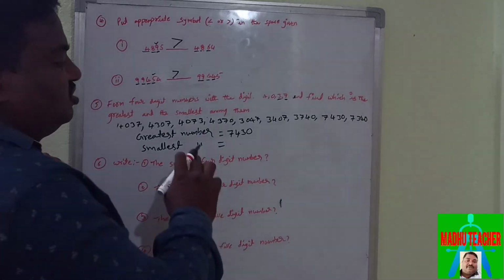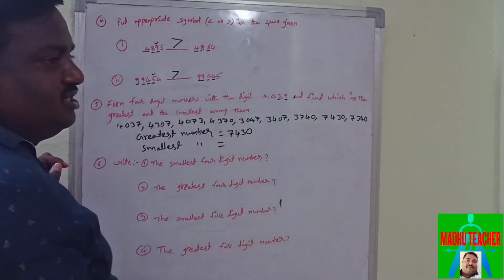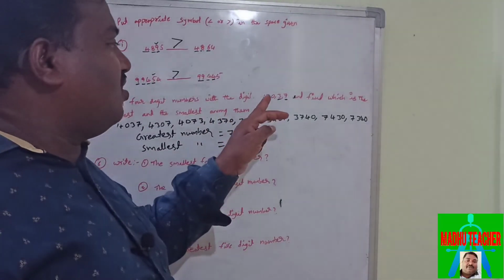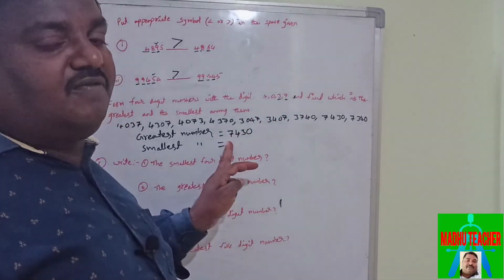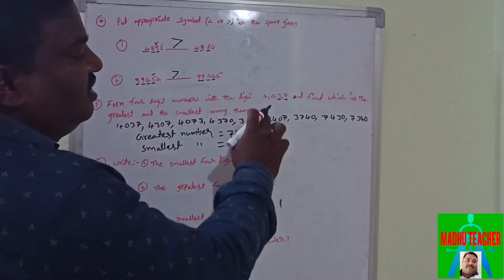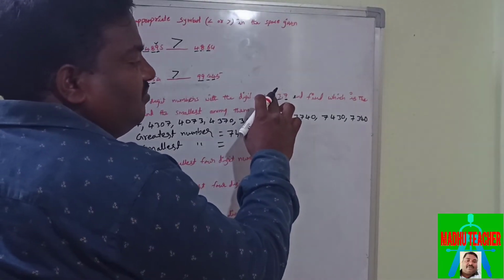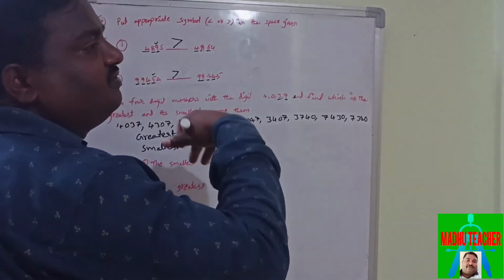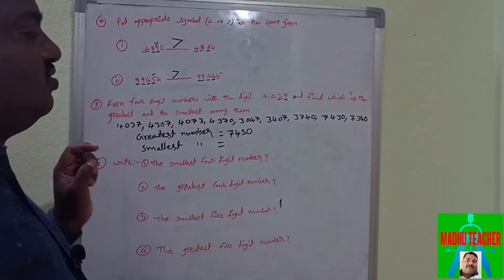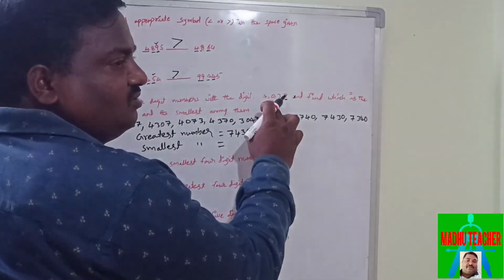So next, smallest. To form the smallest number, you have to write the smallest digit among these 4 first from left. So what is the smallest? 0. But by writing 0 in the thousands place, it will become a 3-digit number. So you should not write 0 first.